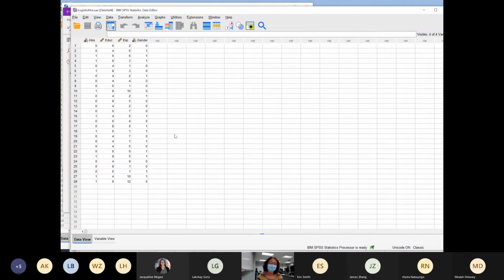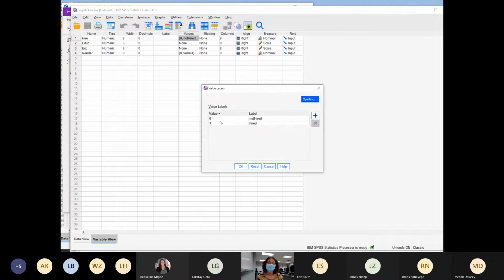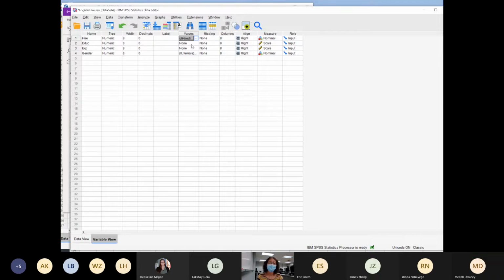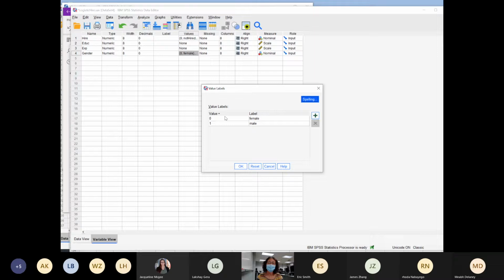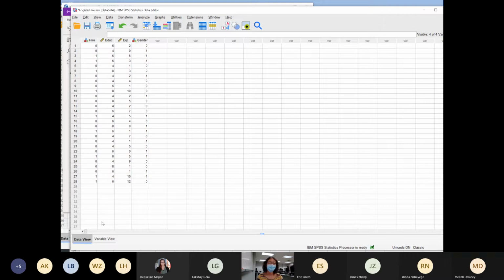So let's check the variables. I think I already defined the variables. So the variable y, 0 is not hired, 1 is hired. Education is years of education, experience is number of years of working experience. Gender, 0 is female, 1 is male. So go back to this data.